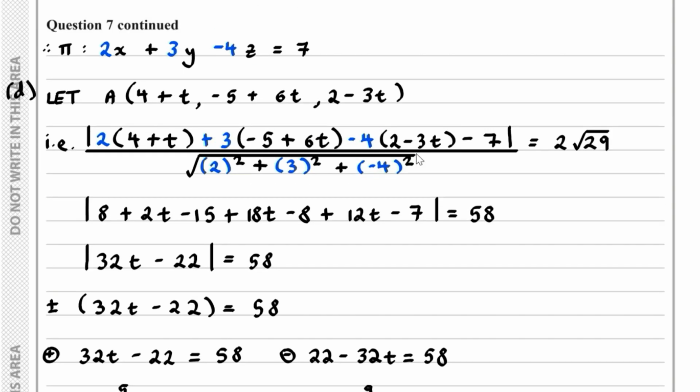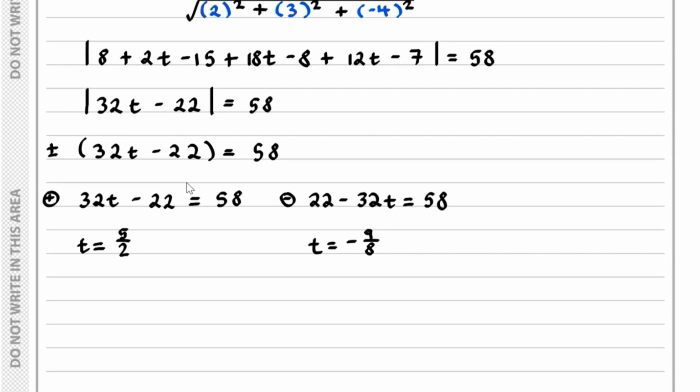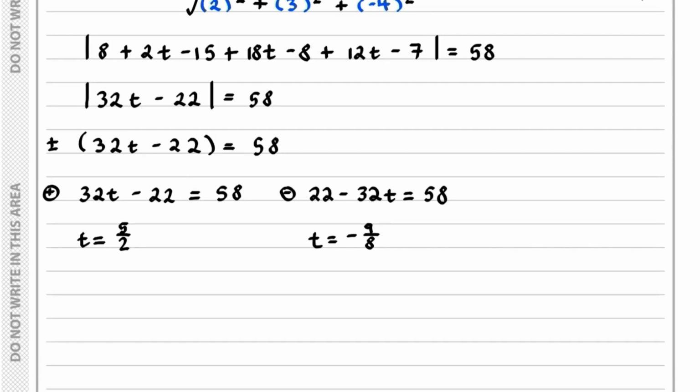And knowing the value of t, we can substitute these into here. So perhaps if we use different colours. So here we get t equals 5/2. And here we get t equals minus 9/8. We can find out the different values of a.